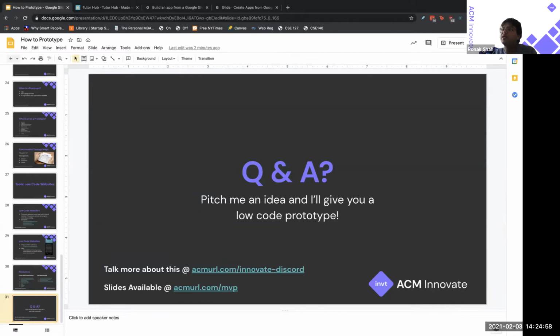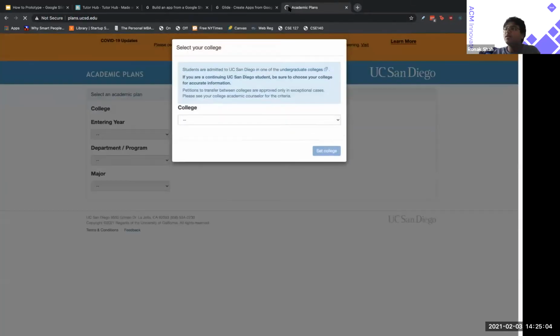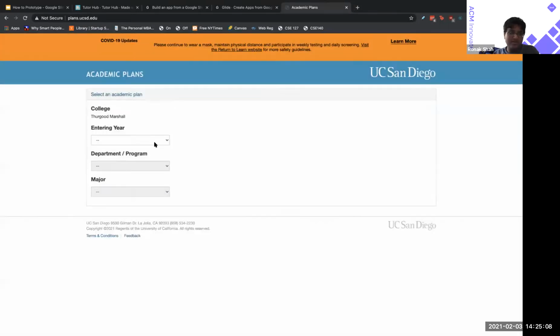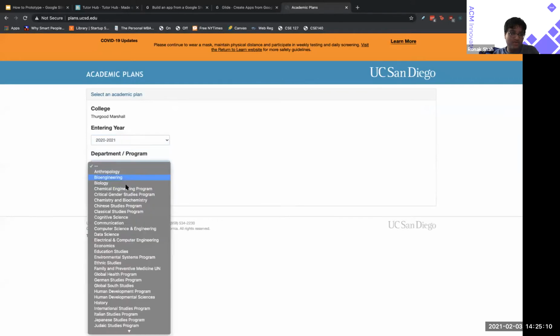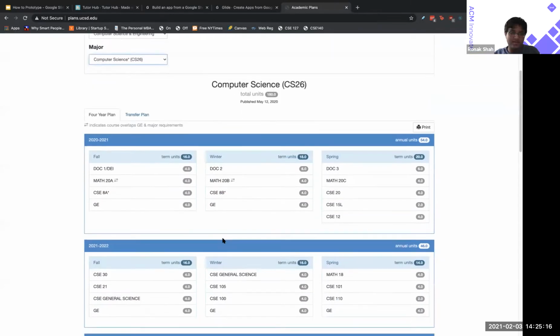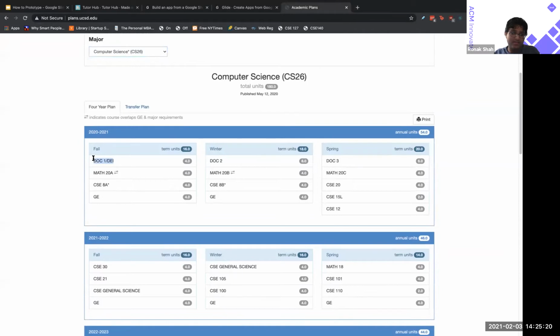Four-year plans. Okay, there's this great website called plans.ucsd.edu. It's pretty cool. You can select your college, and then you can put in your year and your major. What is my major? Then I have this button here, and I can swap things out.